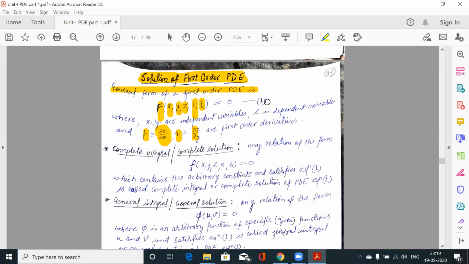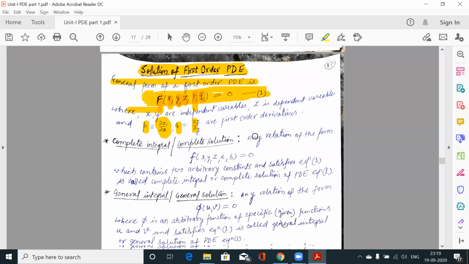This is the general form, which means we shift everything to one side, and that one side is represented by capital F. Suppose this is our first order PDE which we have to solve. Here x, y are independent variables, z is the dependent variable, and small p, small q are the first order derivatives with respect to x and y respectively.